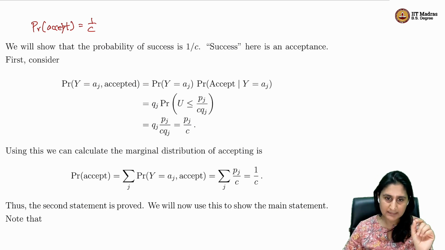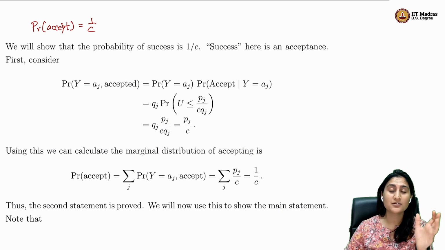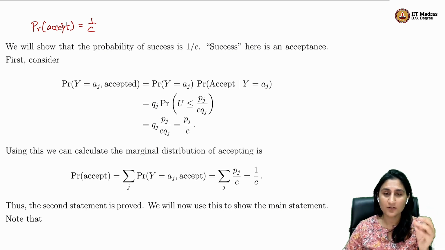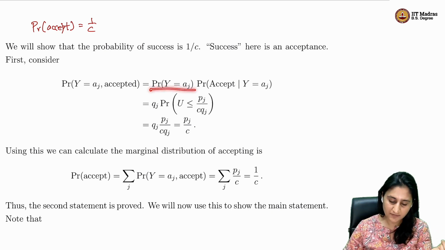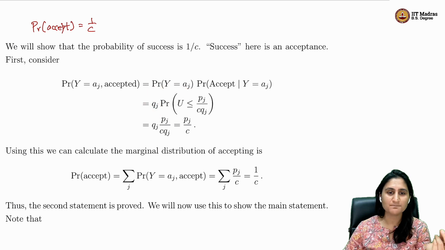Now, what is the probability that Y equals a value AJ? This is just a question about Y. Y is distributed according to the probability mass function Qj, so this value is nothing but Qj. And now, given that Y is equal to AJ, I'm looking at the probability of acceptance.